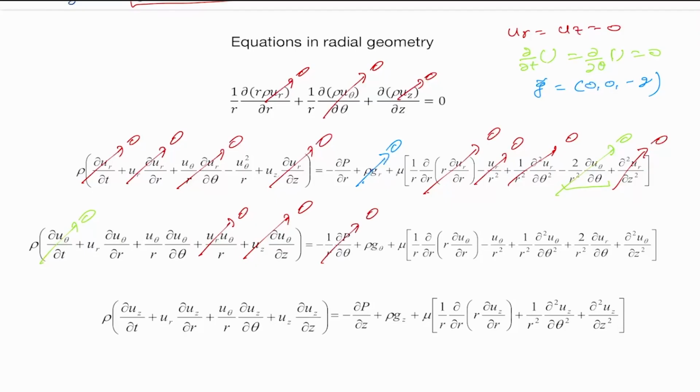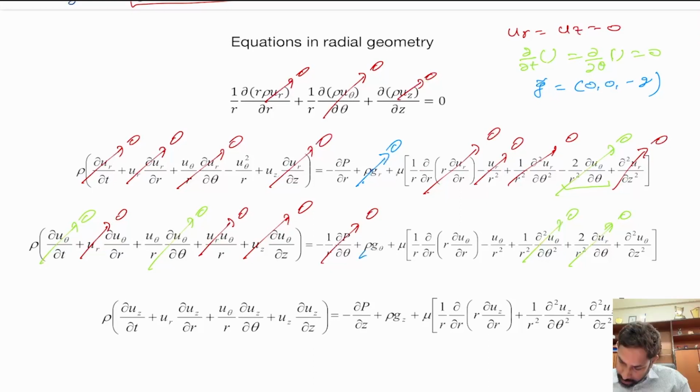This is 0 because of d theta, this is 0 because of d theta, and here ur is 0 and g theta is also 0. So we can see that in this equation all left hand side terms are 0 and only a few terms on the right hand side are surviving.